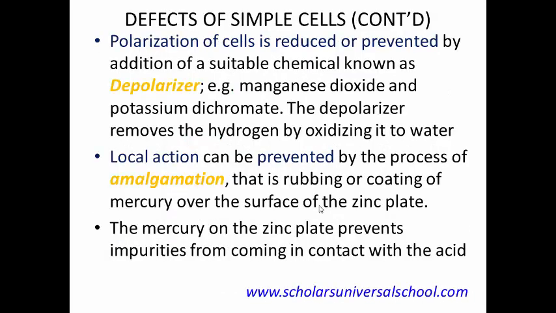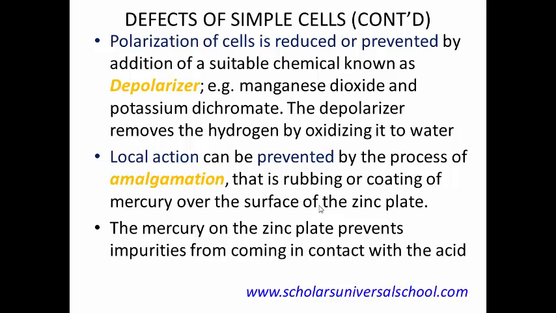Now, these defects can actually be catered for. There's a way we can reduce or prevent the defects of the simple cell. For polarization, which is the first defect, to reduce or prevent it, we make use of suitable chemicals we call depolarizers. The major function of a depolarizer is to oxidize the hydrogen that has been formed.